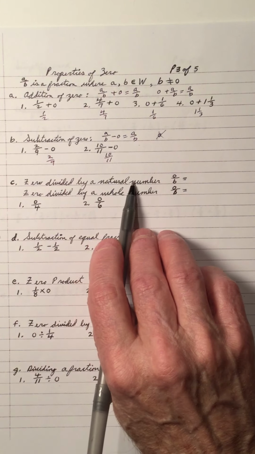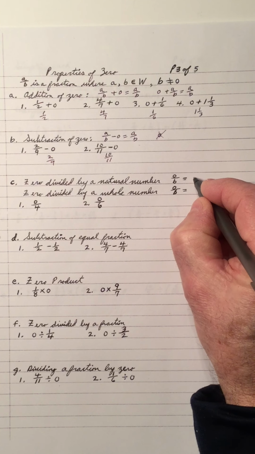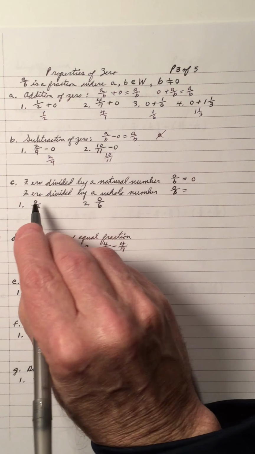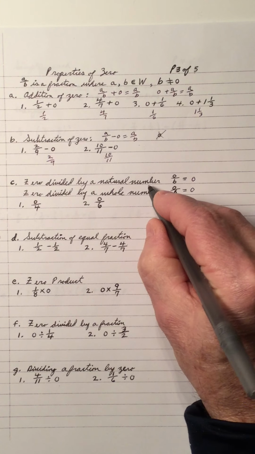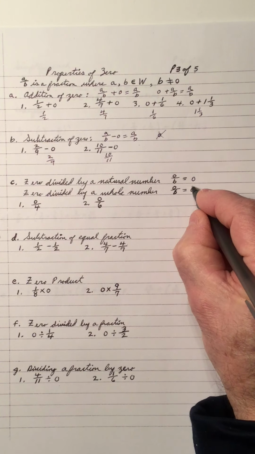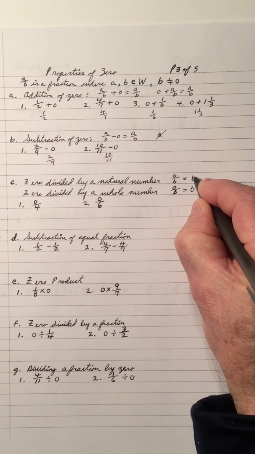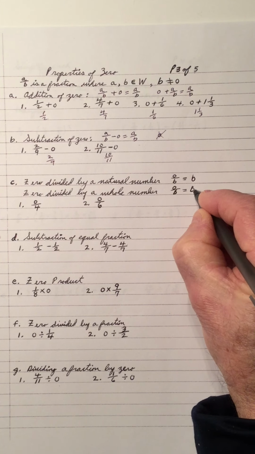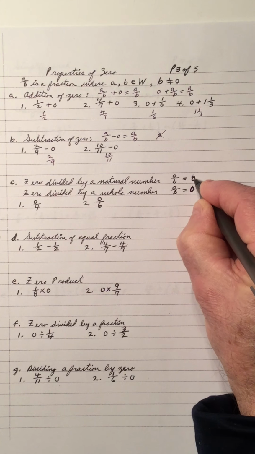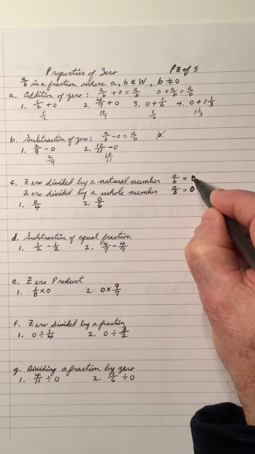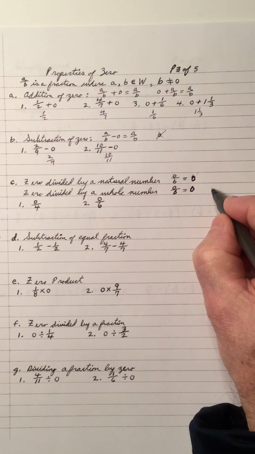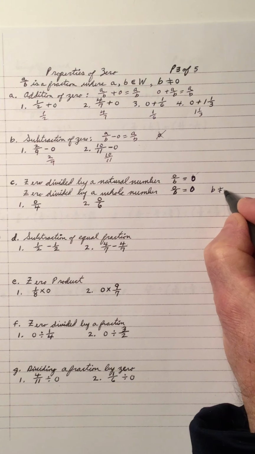0 divided by a natural number, 0 over b, is 0. 0 divided by a whole number, 0 over b, is 0. So notice in the top one, we don't have to worry about division by 0 because it's a natural number. In the bottom one, we know that b cannot be 0.